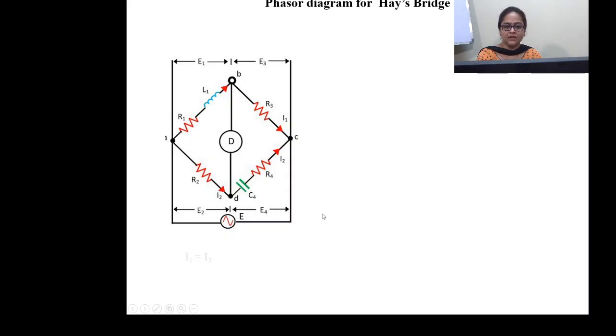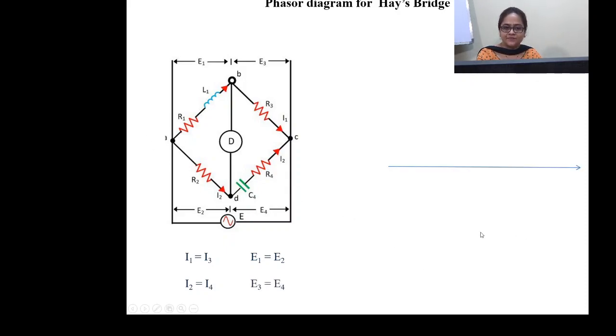Unlike the other bridges, I1 is equal to I3, that is the current flowing across AB, that is the first arm, will be same as the current flowing across the third arm. I2 equals I4. E1, that is the voltage across the first arm, is equal to E2, and E3 equals E4.